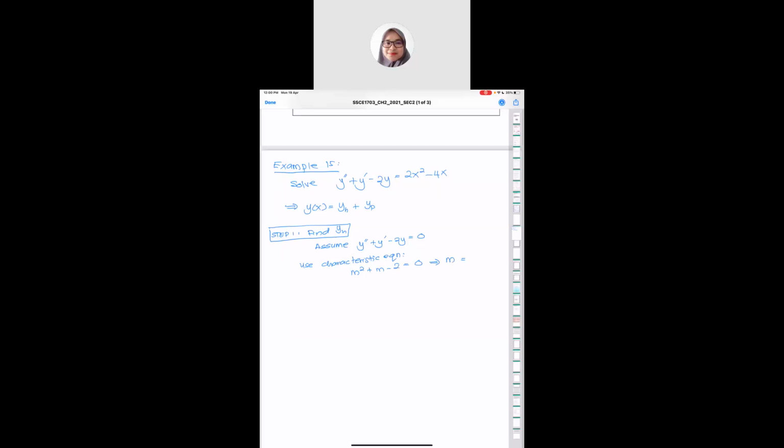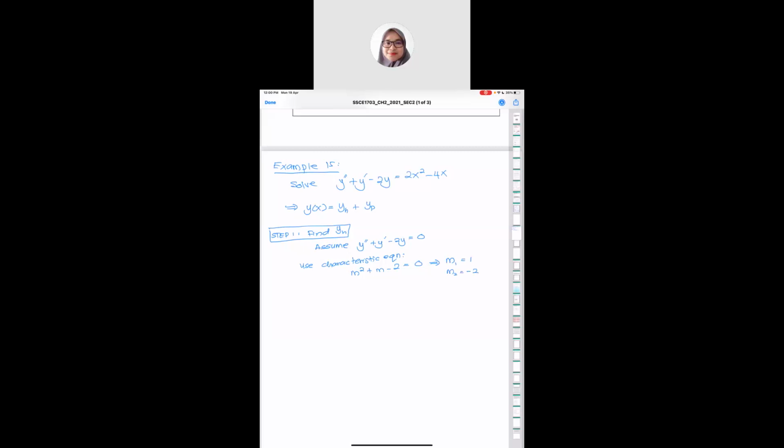apa you punya roots? Hello, ada orang tak? 1 and negative 2. Okay, 1 and negative 2. So, m1 equal to 1, m2 equal to negative 2. Nak tulis m1 equal to negative 2, m2 equal to 1 pun boleh. Tak ada masalah.